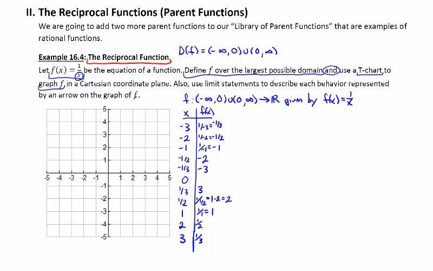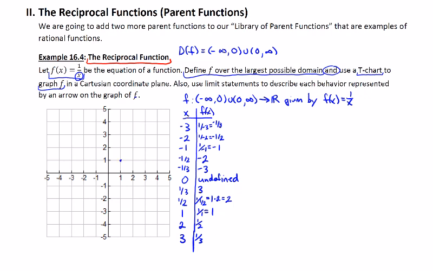And with 0, there is no reciprocal of 0, because then you would have a division by 0, and that would be consistent with us saying that the domain was restricted at 0. So we would just say undefined to go with 0. Again, not required, but I'm using it just as kind of a placeholder in the table between the negative inputs and the positive inputs. Now let's go ahead and plot all these points.